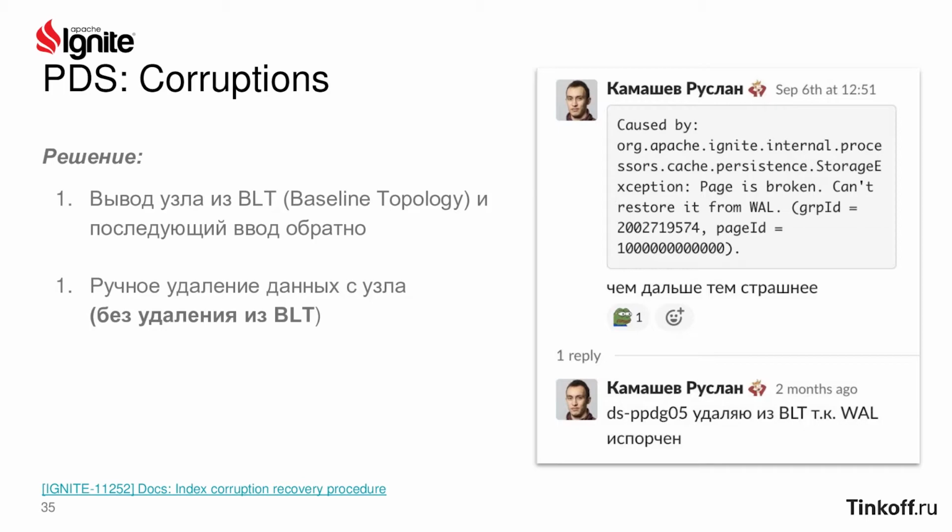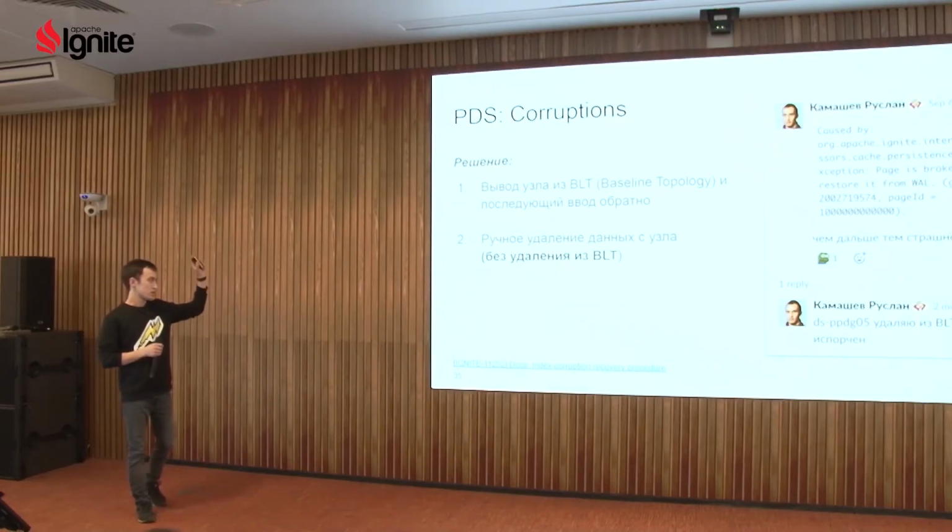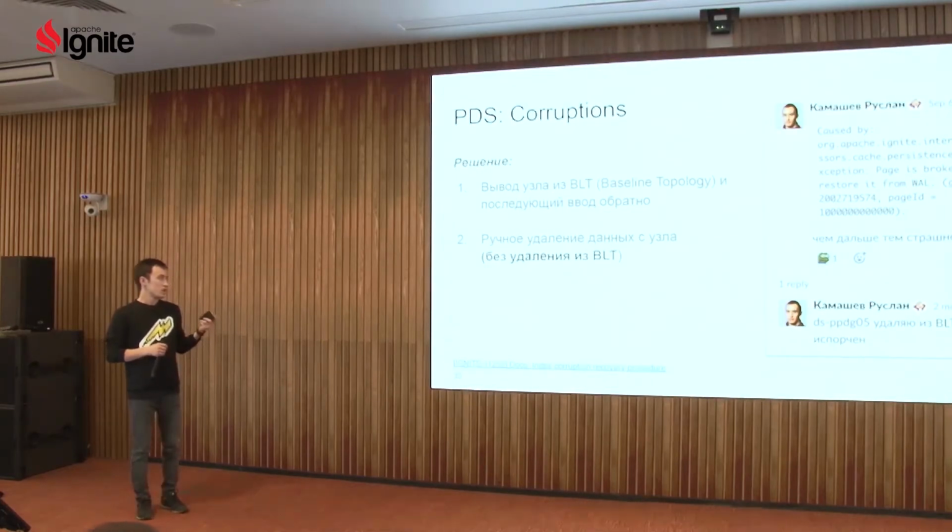However, I recommend the second one. Connect to a node as I described earlier, remove all cache data, and start it again without BLT changes. The advantage of this solution is that we avoid extra rebalancing, because any baseline topology change triggers rebalance. In this case, we don't have that.